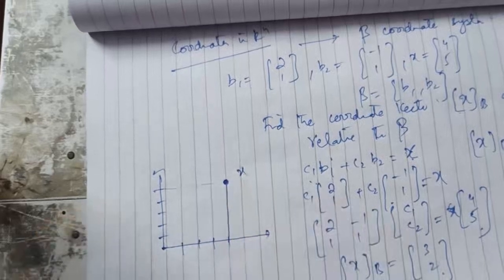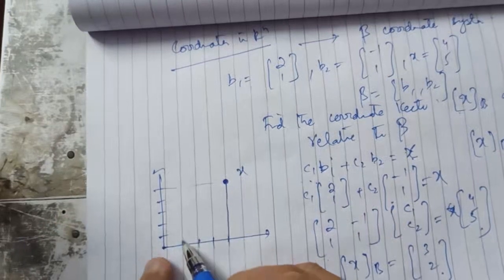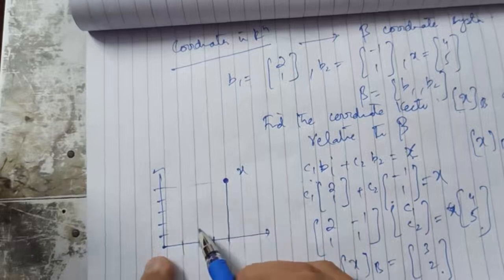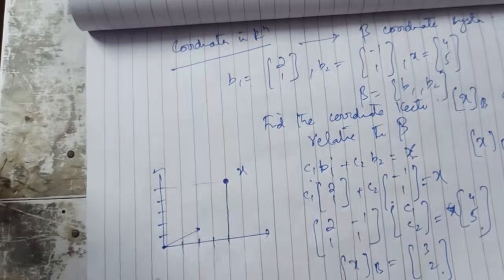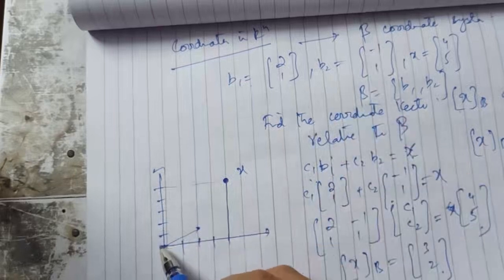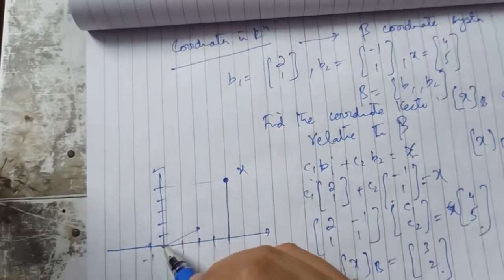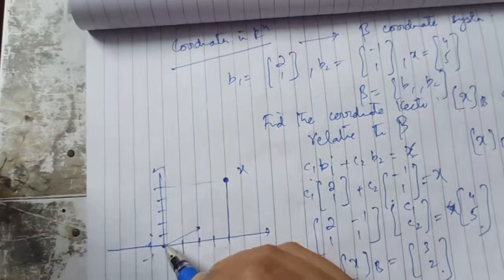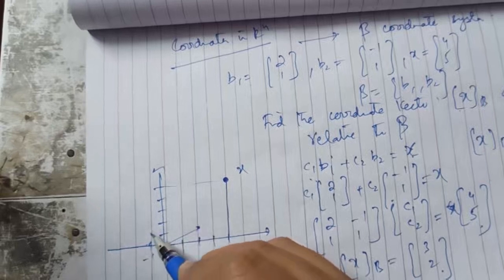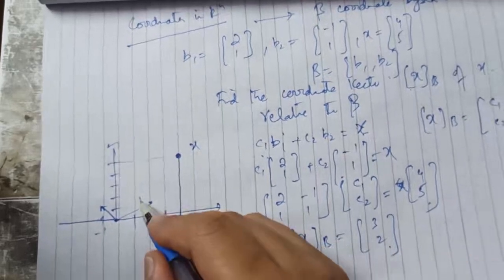Now this is vector b1 and b2, and b1 is (2, 1), so this vector b1 is on this side, and the other vector is (-1, 1). If I extend it here, this will be -1 here and 1 here on this side, so this vector will be somewhere on that side. So this is b1, this is b2.